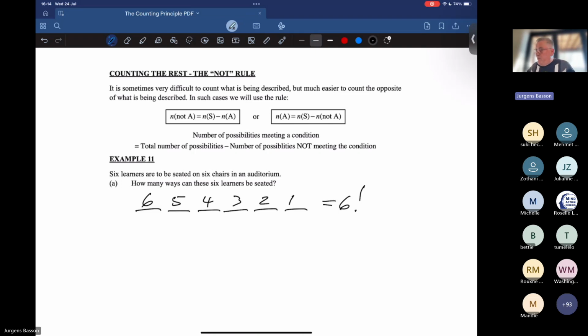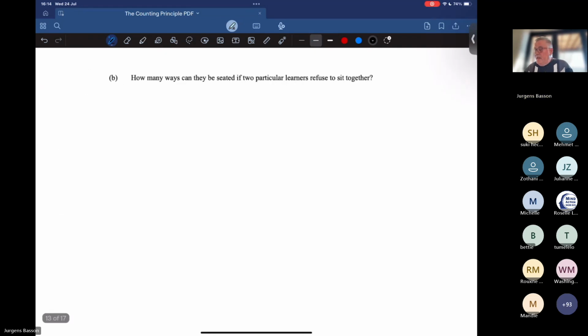Let's look at the B part. How many ways can they be seated if 2 particular learners refuse to sit together? Now, before we continue with this one, I would just like to explain to you again the opposite of this.